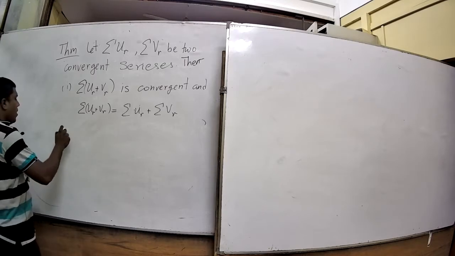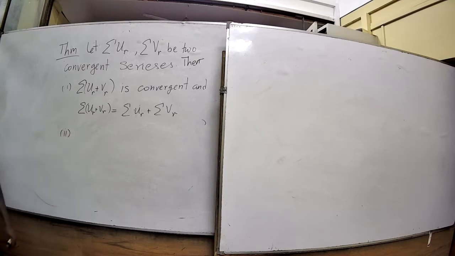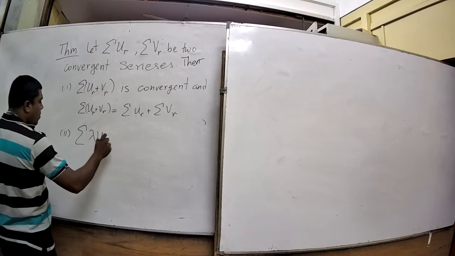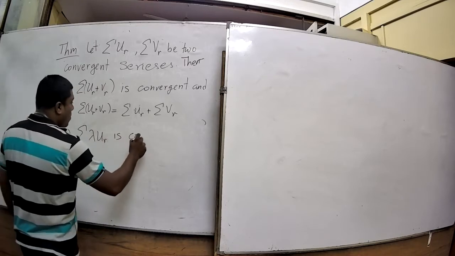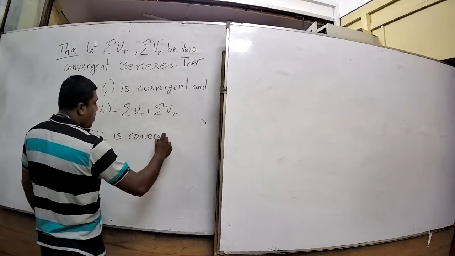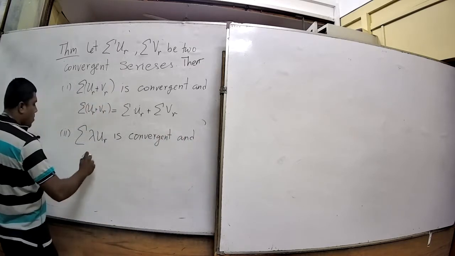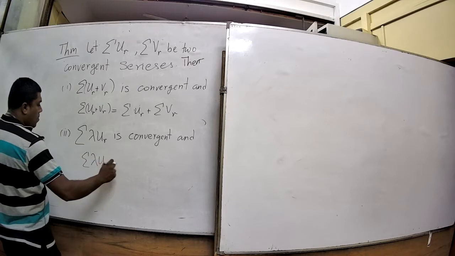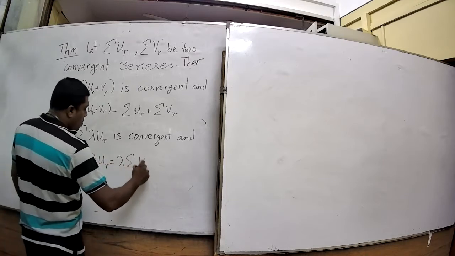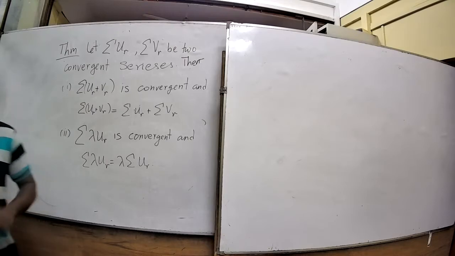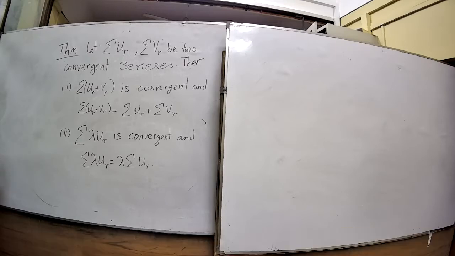Second one, a constant multiple. A constant multiple of the individual terms inside the series will also converge, right?